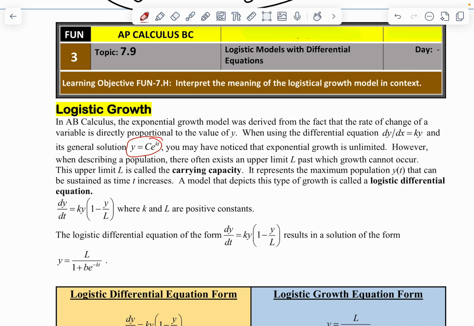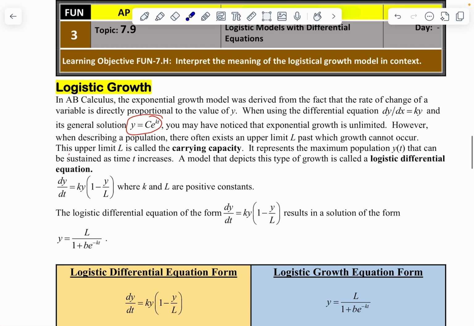The difference is when describing a population, there often exists an upper limit, right? An upper limit L, past which growth cannot occur. This upper limit L is called the carrying capacity or the limiting capacity. It represents the maximum population y of t that can be sustained as time increases.